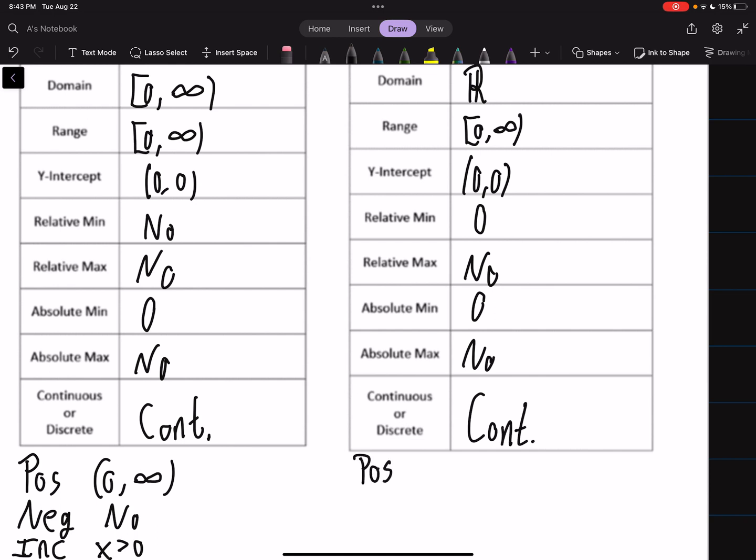It is positive from negative infinity to 0, union with 0 to infinity.